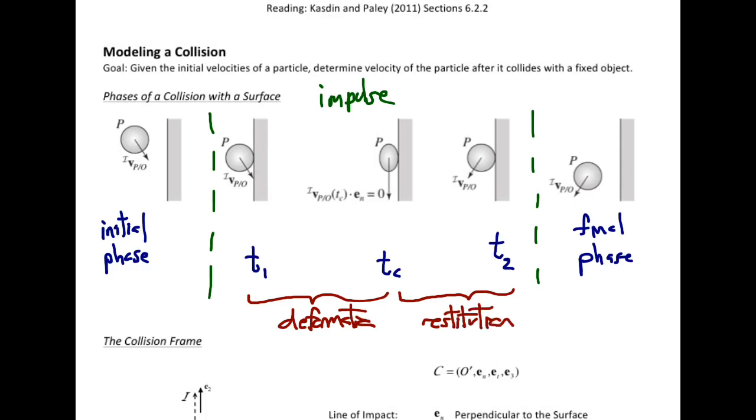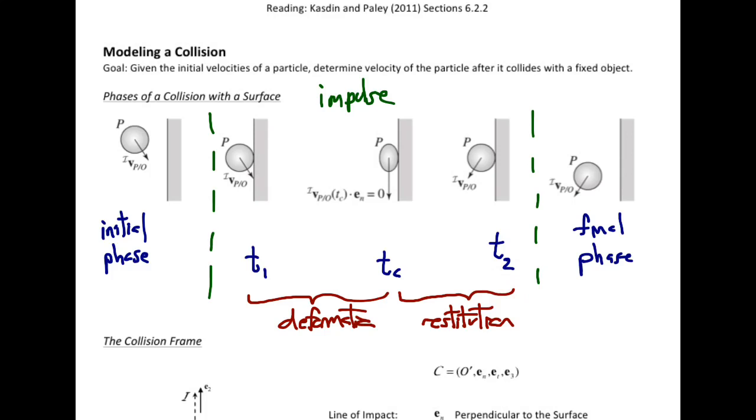So this is exactly the same. We have 4 phases: deformation, restitution, an initial phase, and a final phase. And we're going to model this, you'll see, by looking from T1 to T2 initially, just like what we did last time, and then we're going to break it down into modeling T1 to Tc during deformation, and then Tc to T2 during restitution.